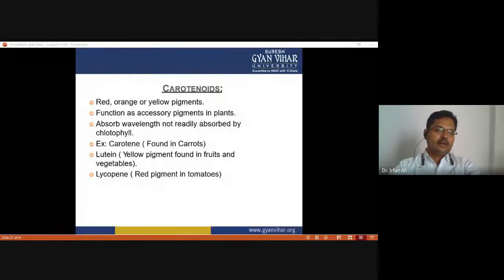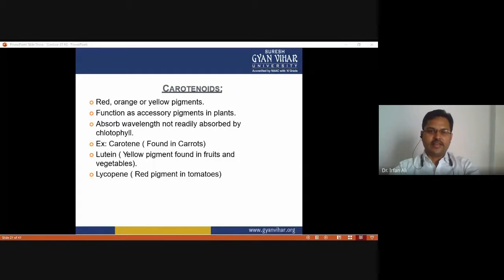Now the second pigment which we have to discuss here is carotenoids. Carotenoids are red, orange, or yellow pigments, and they function as accessory pigments in plants. An accessory pigment provides color to the plant and absorbs wavelengths not readily absorbed by chlorophyll.